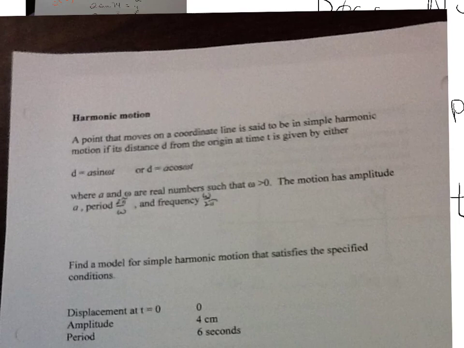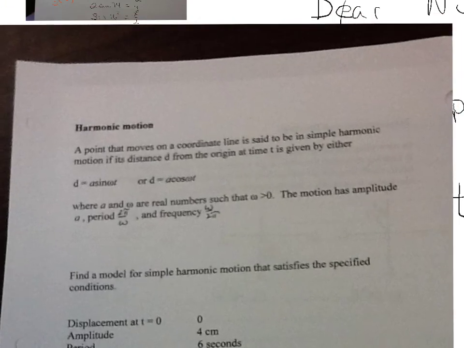Harmonic motion represents a point that moves on a line, and it can be represented as d equals a times the sine of omega t, because we're talking about over time, and omega is your angle, or d equals a times the cosine of omega t.